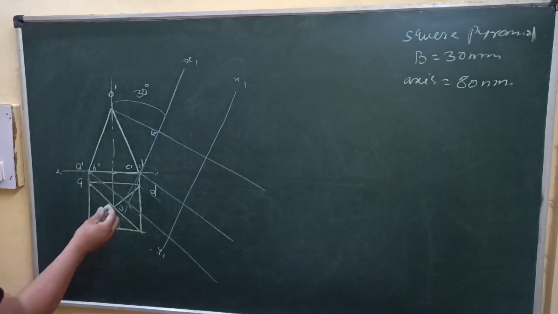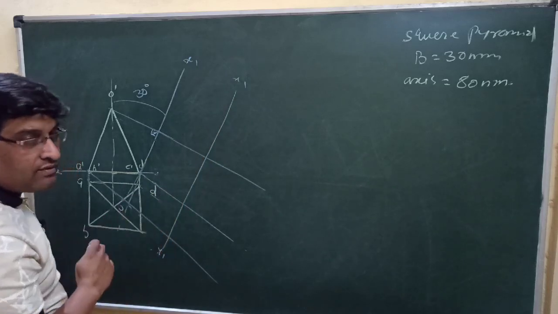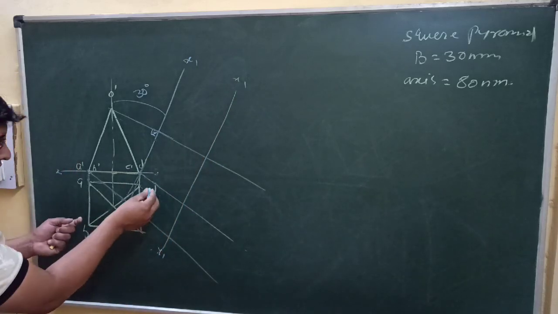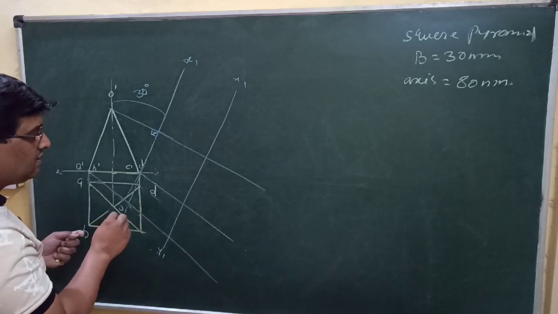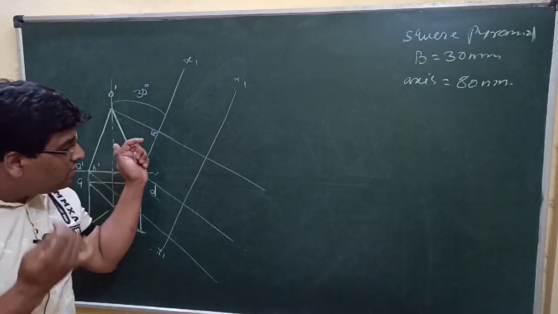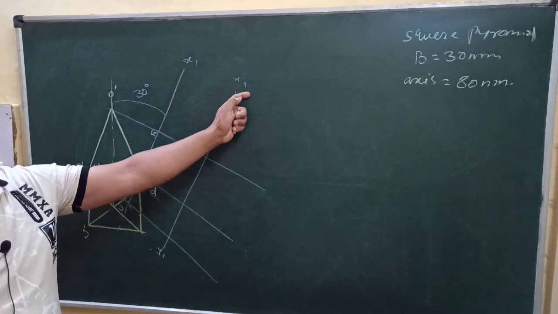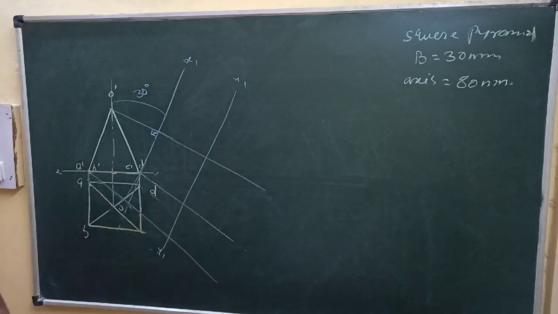So for convenience, I have drawn another parallel line at some convenient distance, because there may be a hodgepodge figure here due to this mixing of the diagrams. So we can draw at some suitable distance a parallel line which will represent x1 y1, and we can draw the diagram.